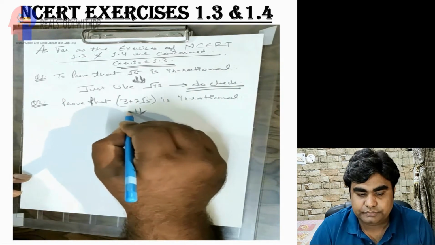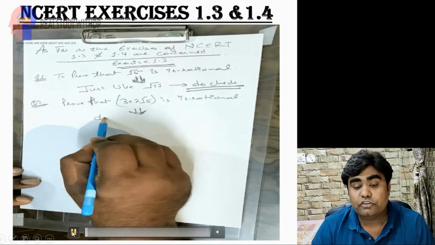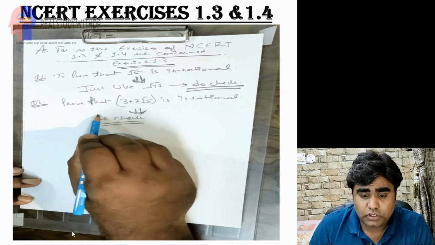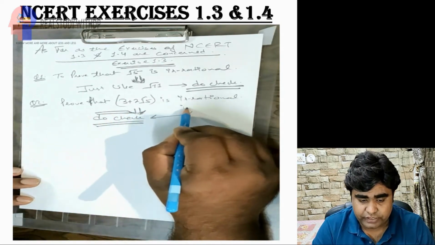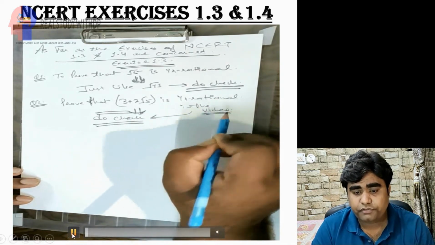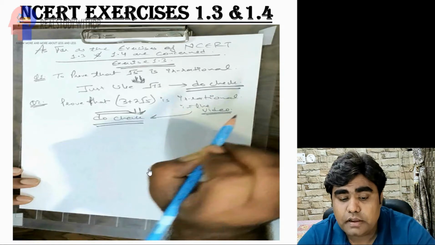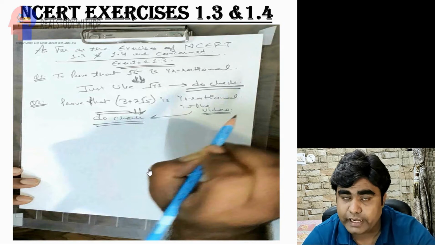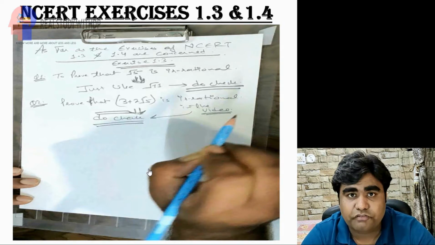In fact, this particular question also we have discussed in the irrationality proof of the numbers in the previous video itself. So you can see the previous video and you can prove 3 plus 2 square root of 5, because I have taken this question only as an example to prove the irrationality of numbers.